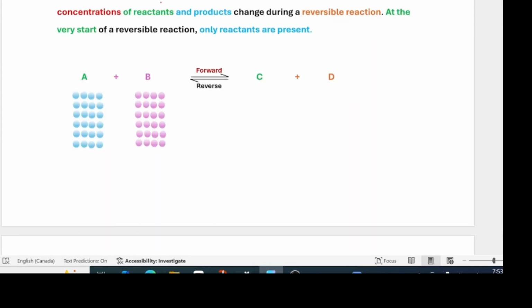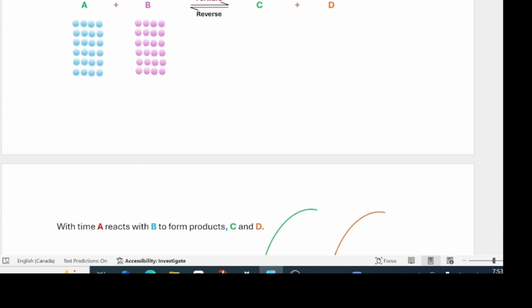Using the reaction above, we shall endeavor to illustrate how the concentrations of the reactants and products change during a reversible reaction. At the very start, only reactants A and B are present. However, with time, their concentrations will decrease and the concentrations of the products C and D will increase.